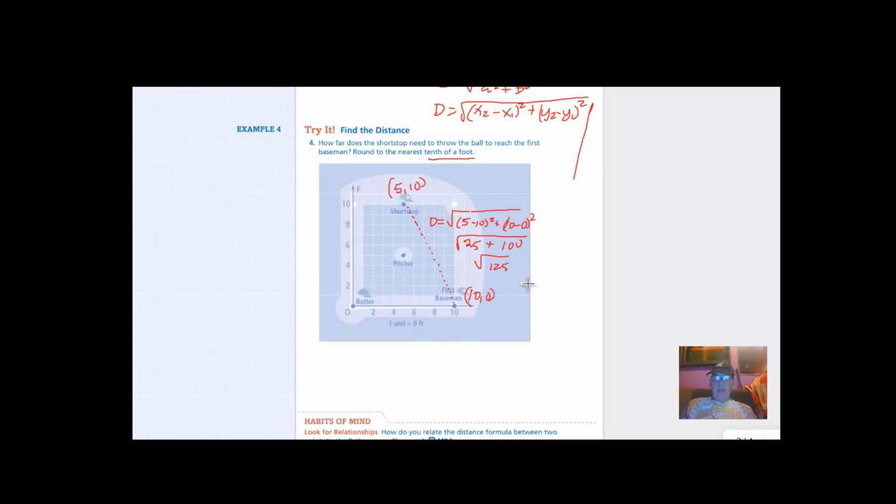Now that's an exact distance, and it's going to be 11 point something. You can use a calculator and abbreviate it. If you want full credit, you need to have the correct answer to the nearest tenth of a foot. So be warned. Okay, let's move on.